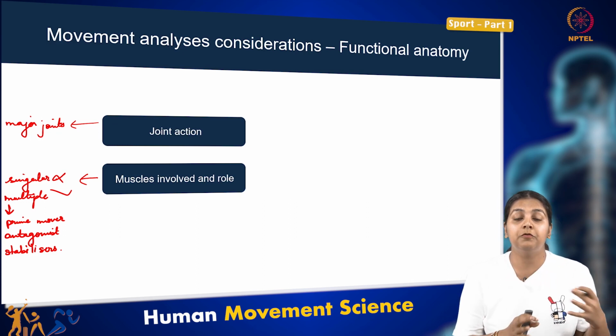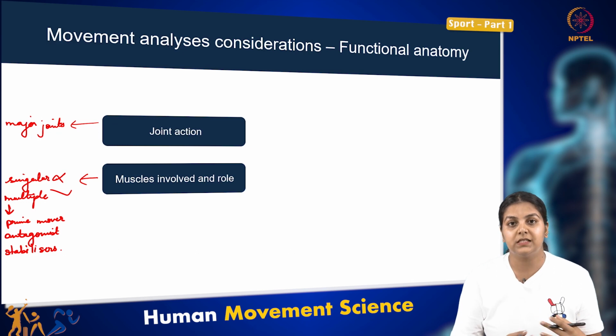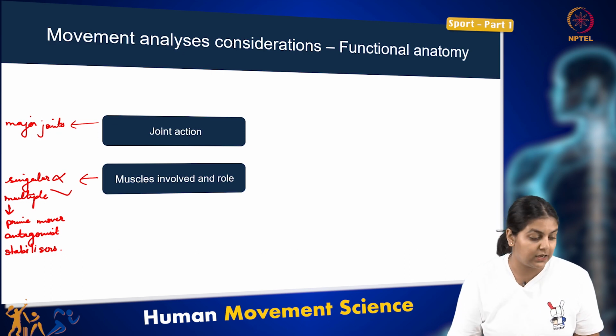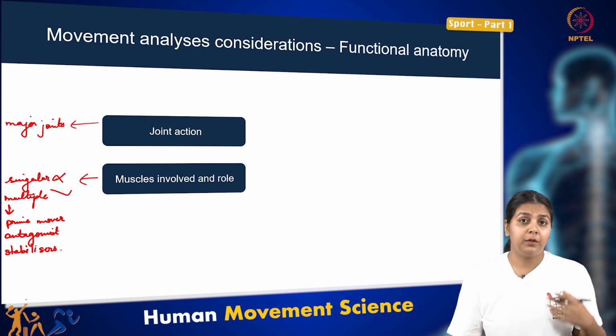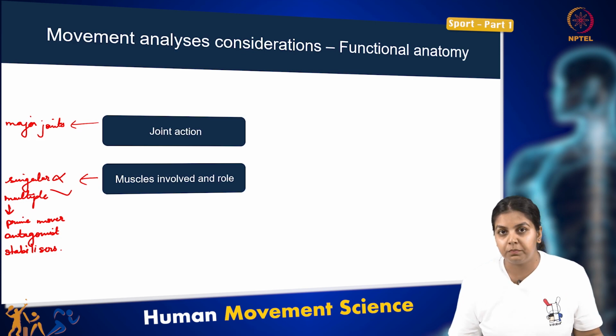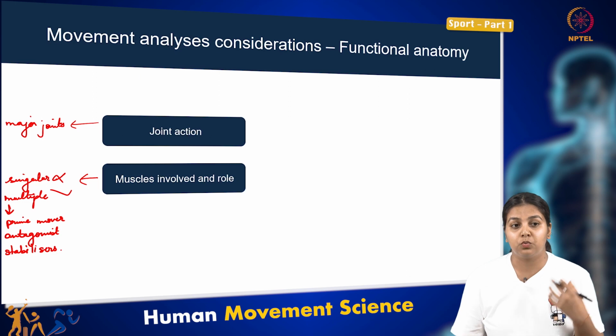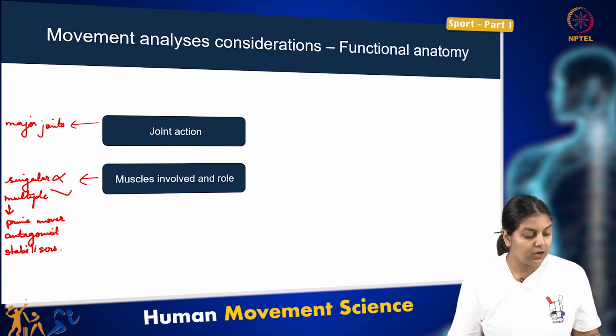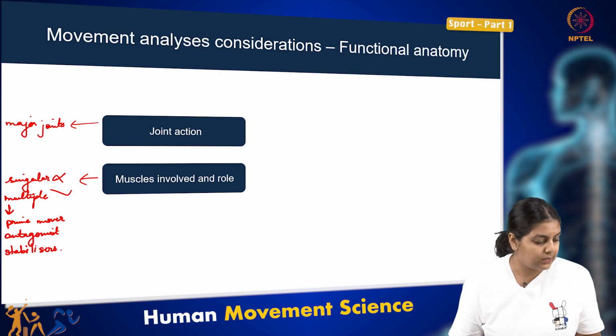There could be different movements happening at the same time in different planes, right? So that's why it's a very dynamic or a complex thing to do. But the purpose of movement analysis is to identify what are the dominant movement patterns, what are the dominant muscular patterns, what are the dominant muscles that are being used. And we could do that to an extent, right?